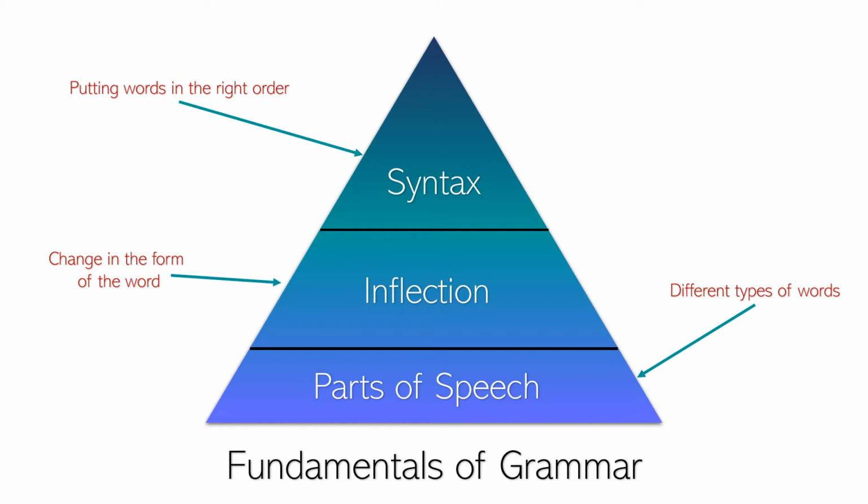Syntax is where we put all these words in the right order. So basically these are the rules that govern the construction of sentences in the English language. So this is how grammar gets divided. Parts of speech, inflection, syntax. And these areas you need to really understand in order to grasp and also to correct yourself when you make a mistake, both when it comes to speaking and also when it comes to writing.